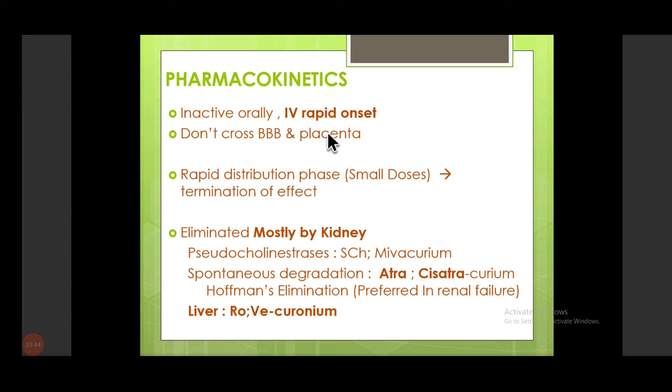Termination of effects mostly in these cases is by rapid redistribution from the site of action. But this is true in case of small doses only. In case the doses are increased, the tissues become saturated and the termination of effects takes a longer time.